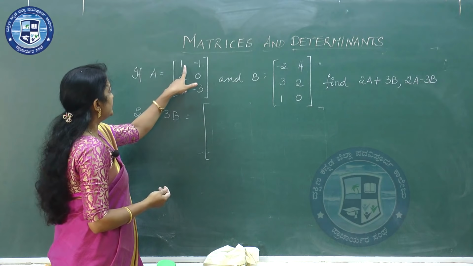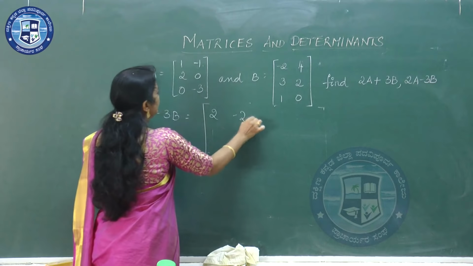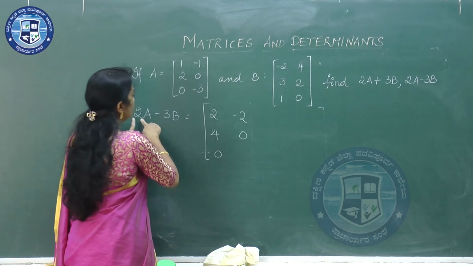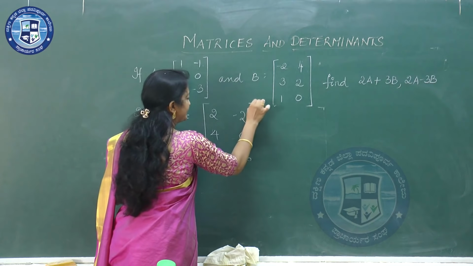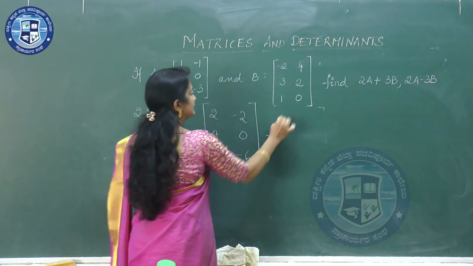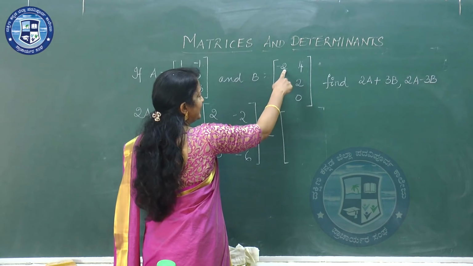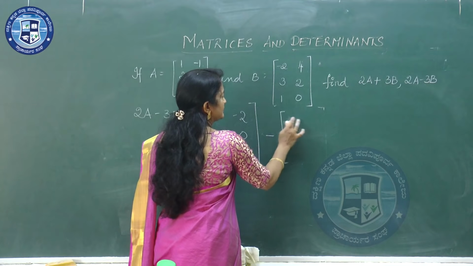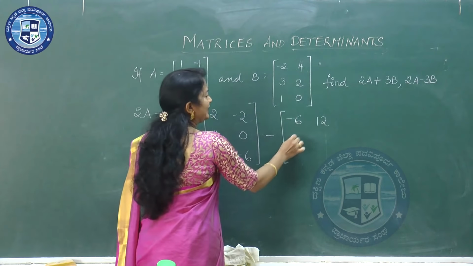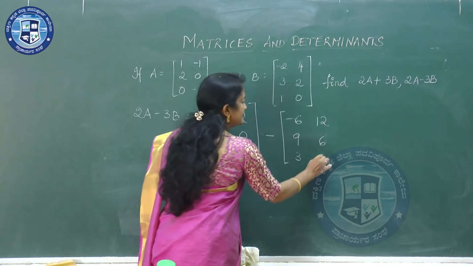So 2 into A is 2 minus 2 4 0 0 minus 6 minus 3B is 3 into minus 2 minus 6, 3 into 4 12, 3 into 3 9, 3 into 2 6, 3 into 1 3 0.